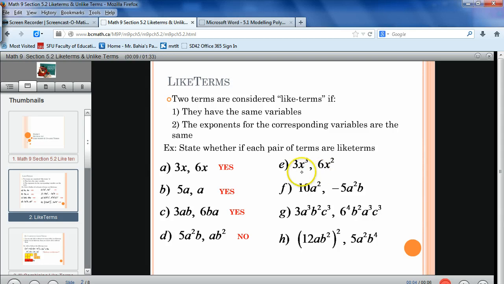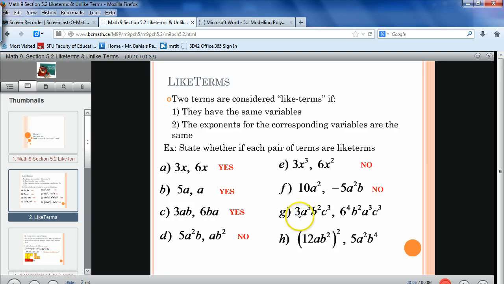These two, what do you think? They both have x's, but their exponents are different. Not like terms. Here, they both have a squared, but this one has a b. This one doesn't have a b. So, no, not like terms.